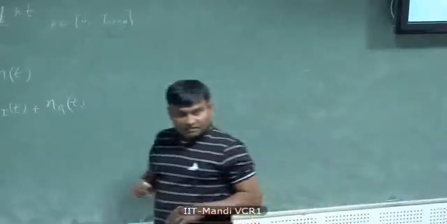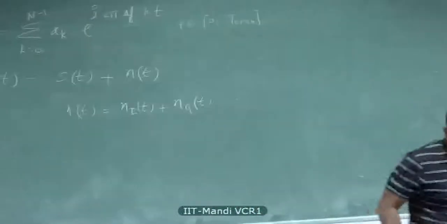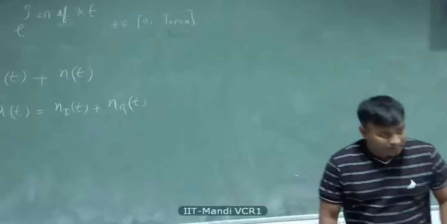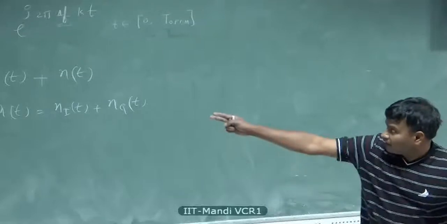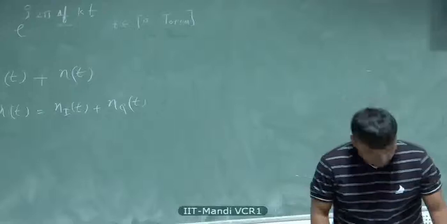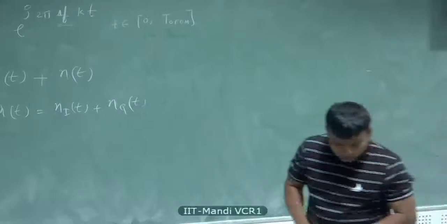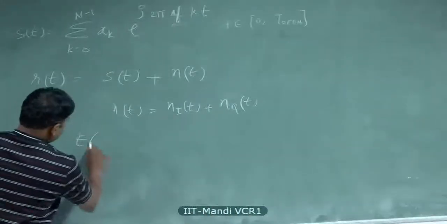Both are low pass signals, and the power spectra of Ni of t and Nq of t are also similar with half power. If N of t has a density of N naught, Ni and Nq have a density of N naught by 2 respectively.